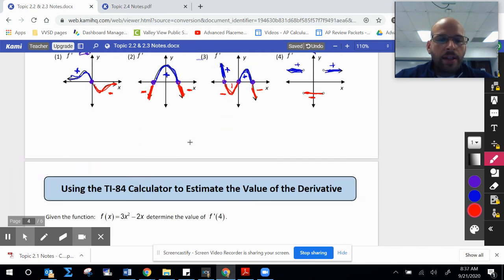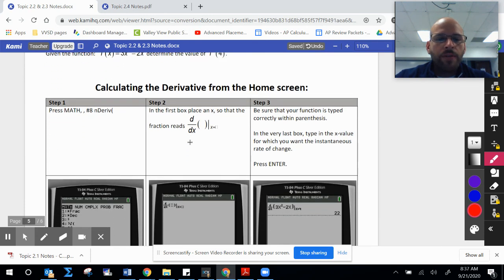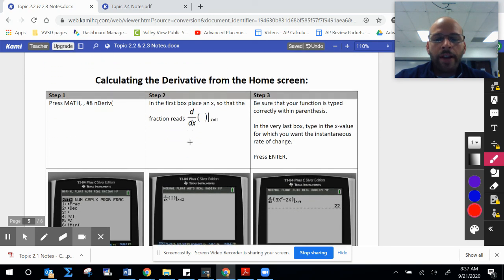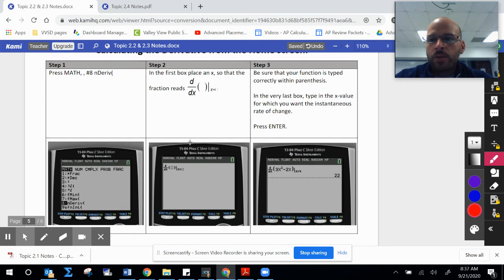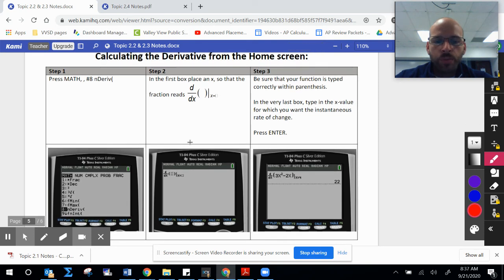Now, the very end of these notes shows you how to evaluate or approximate a derivative using your calculator. So feel free to try these steps. You can do it in the home screen. Feel free to pause your video, see if you get the same answer as me.